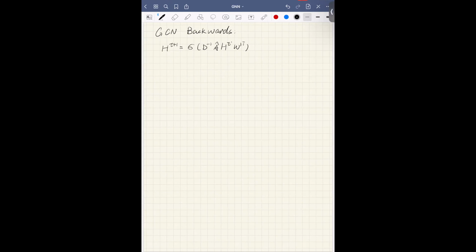Before we start doing the derivative for these equations, let's recall some basic matrix derivative rules from the MLP and linear layers.